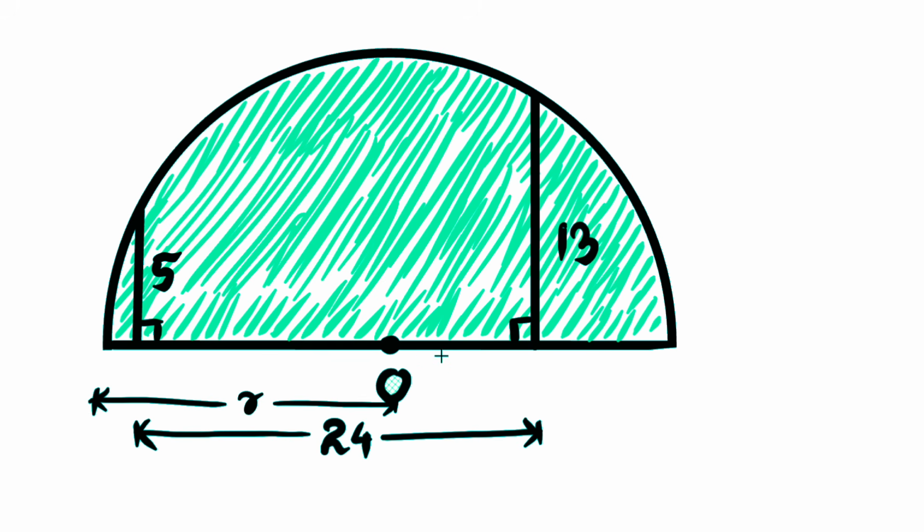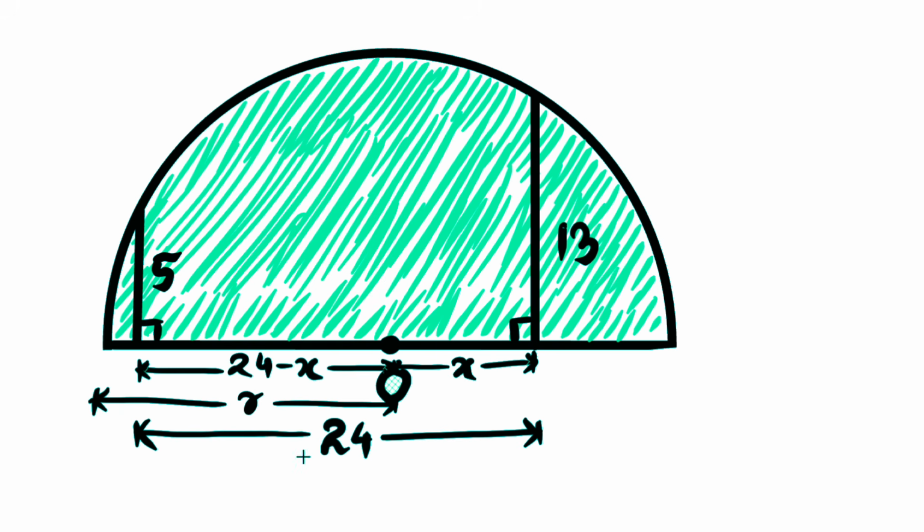Let the distance from O to the foot of the right vertical segment be x. Since the total distance between the 2 feet is 24 units, the distance from the foot of the left vertical segment to O must be 24 minus x.